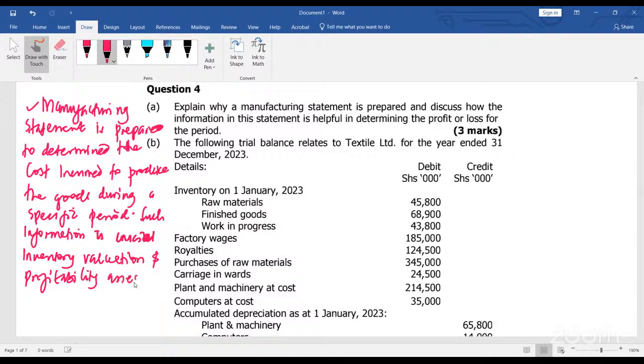So if you want to assess whether the company is making profits, the profitability of the business, we need the information about costs that have been incurred to do production. Then we discussed how the information in this statement is helpful in determining the profit or loss for the period. Now, how is that information helpful in determining the profit or loss?